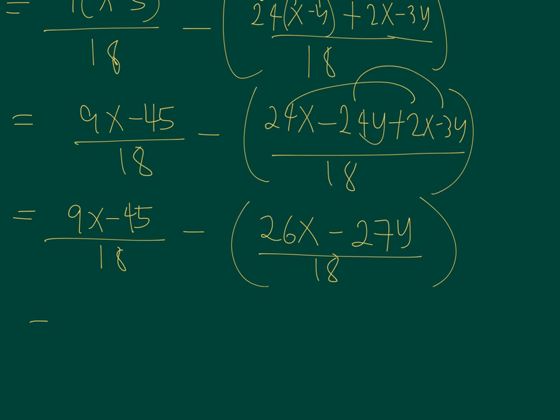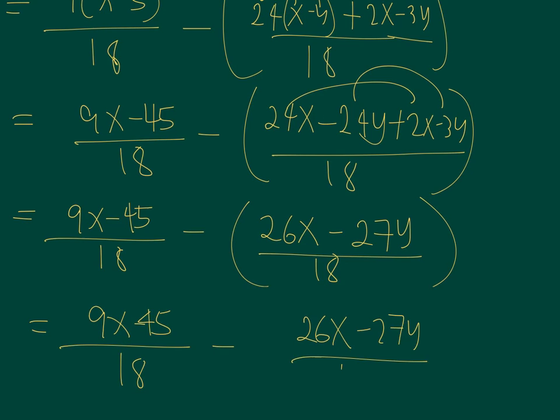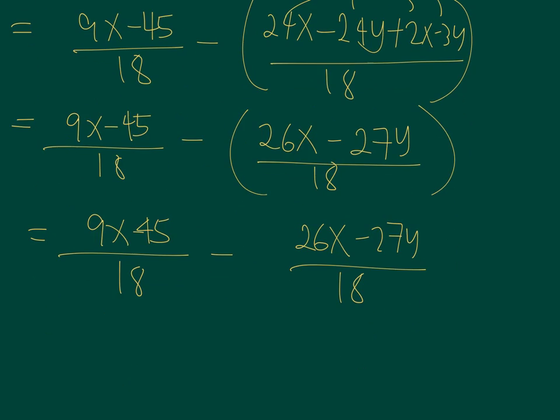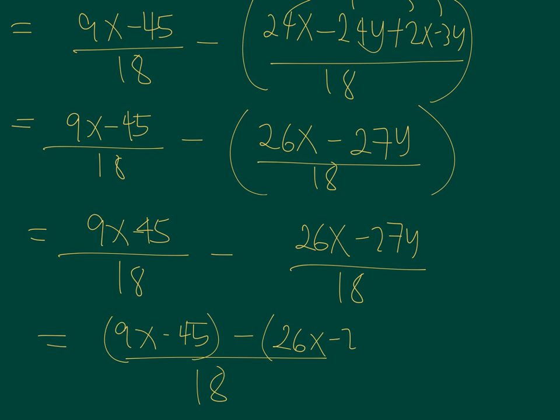Note this is the same as 9x minus 45 over 18 minus 26x minus 27y over 18. And then in a single fraction, you have 9x minus 45, that group, minus the group 26x minus 27y.